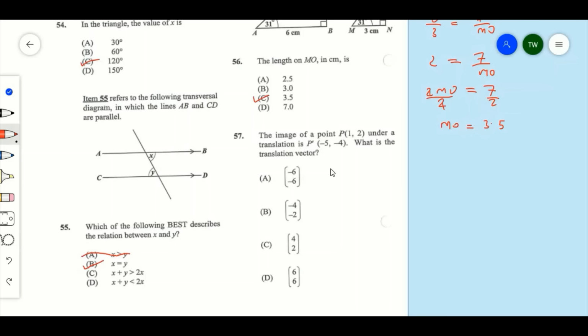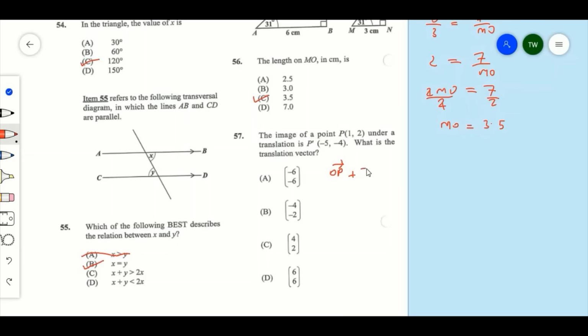Now, if we have a vector, what we're going to do is rewrite these vectors as column vectors. So the vector OP plus the translation vector, and in this case we don't know the translation vector because that's what we want to find.